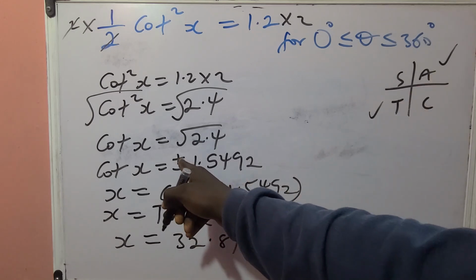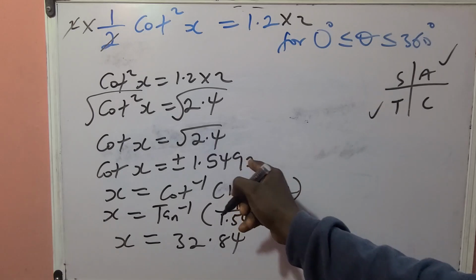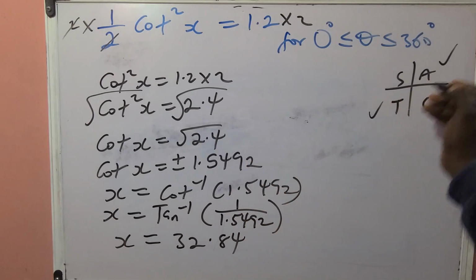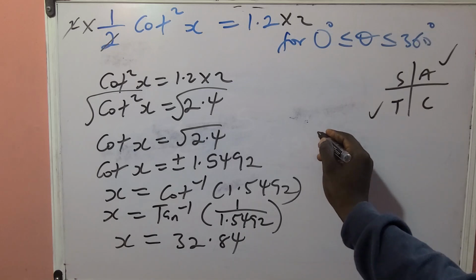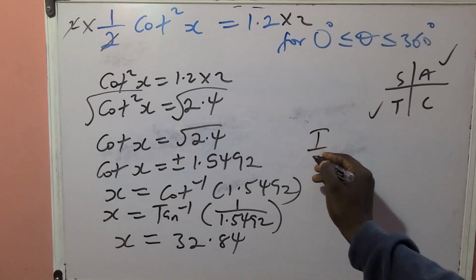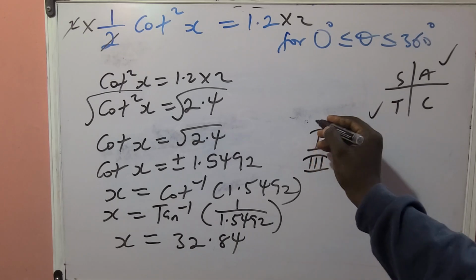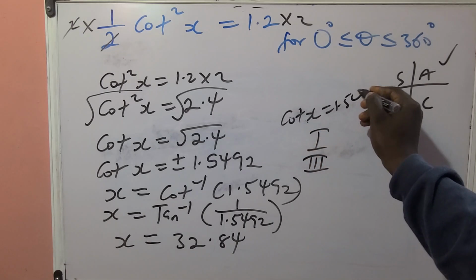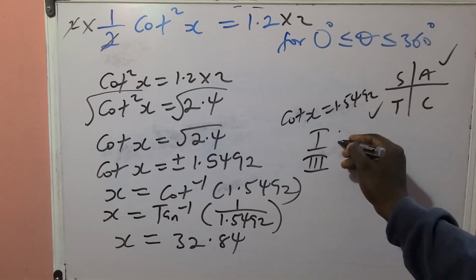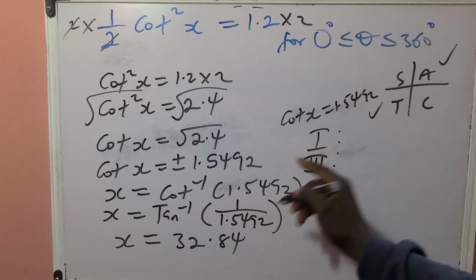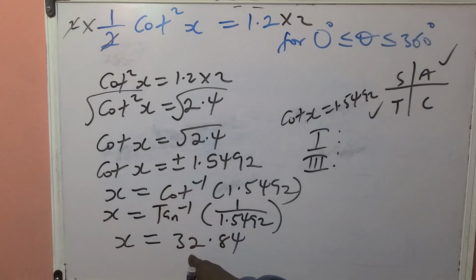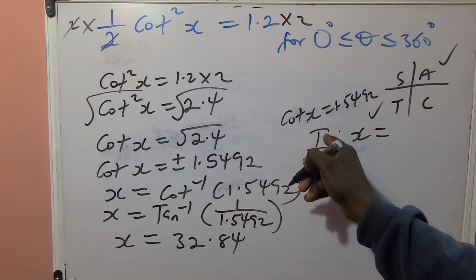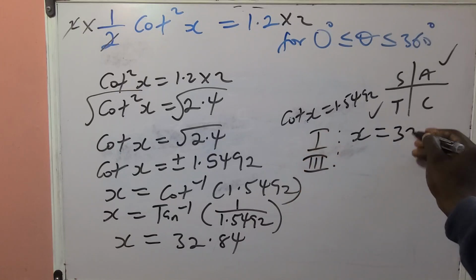So for the case when you had a positive 1.5492, for quadrant 1 and quadrant 3, that will be for when your cot x was equal to 1.5492. In previous videos, I told you that what you have to do is to present your x here as the value when you are dealing with the first quadrant.